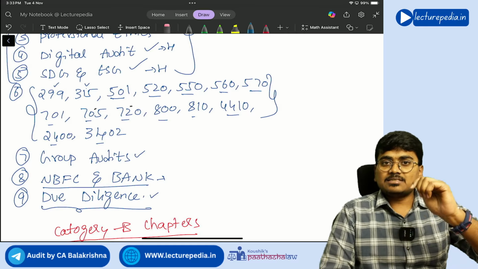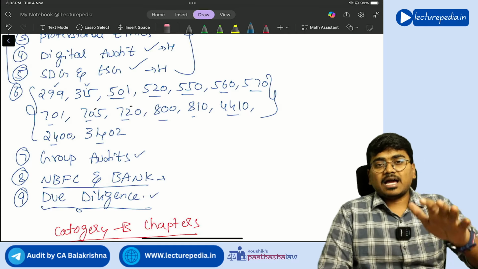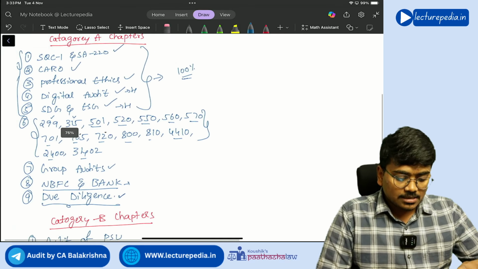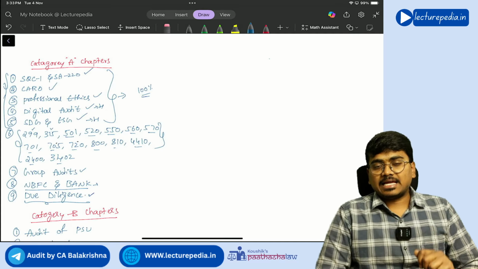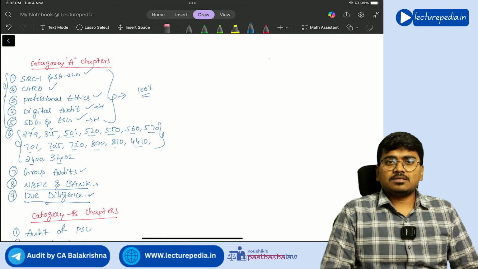So there is a high chance they might ask a question in the coming attempt or in the May 26 attempt. So I kept it in A category. So these are the 9 chapters which are under A category along with some auditing standards.